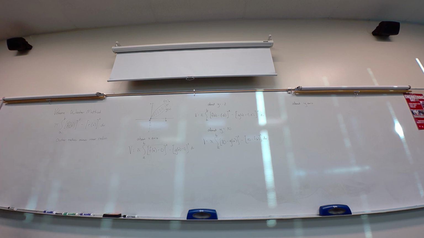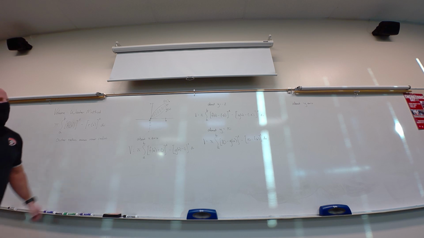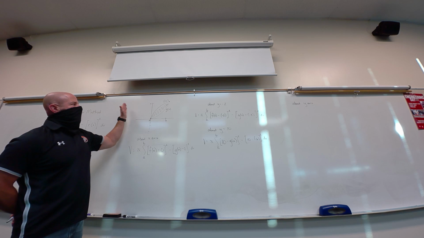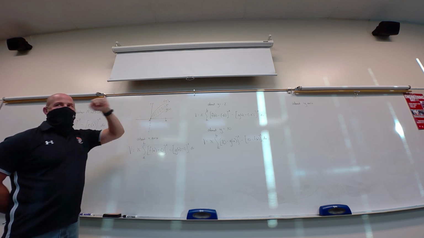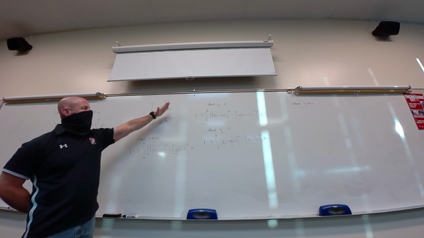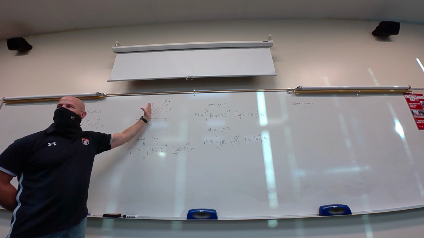So picture your figure rotating about the y-axis. We're going to have to go this way, right? Yes. So the outer radius would be from g to 0.